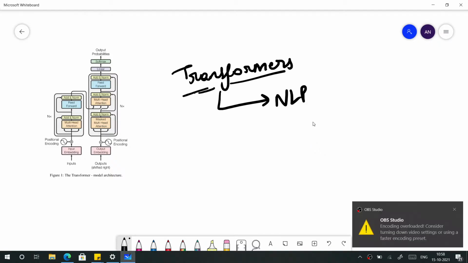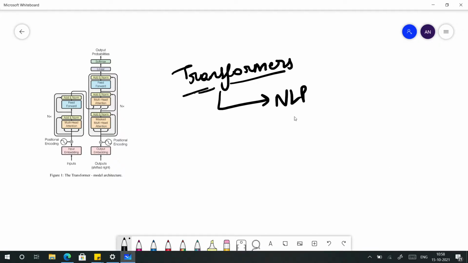Before them, NLP used to have architectures such as RNNs, LSTMs. Using these algorithms, they used to implement and accomplish these tasks. Later, transformers were introduced.